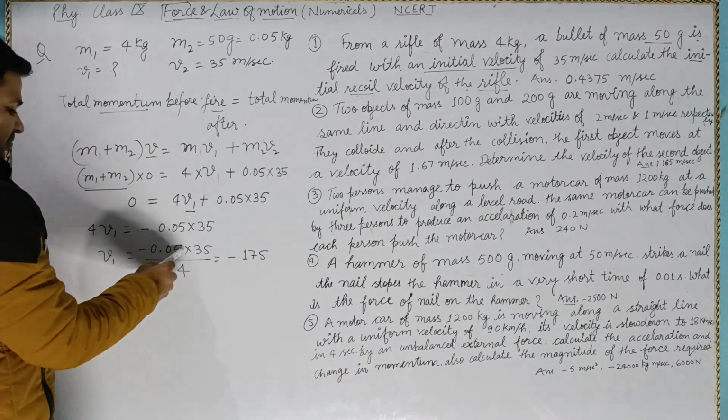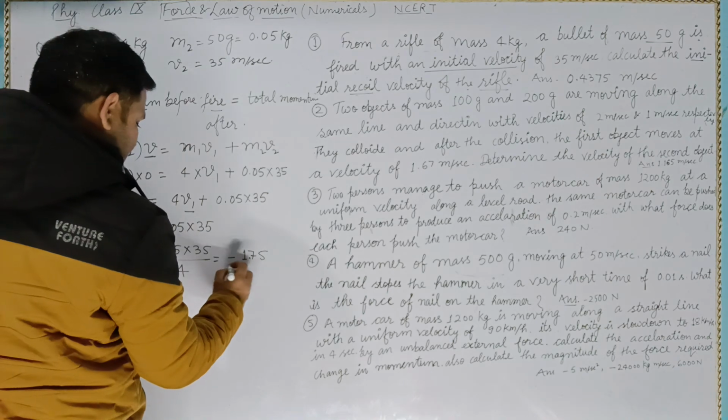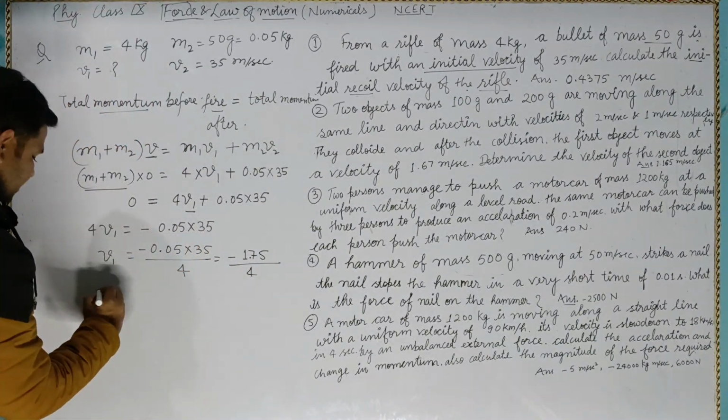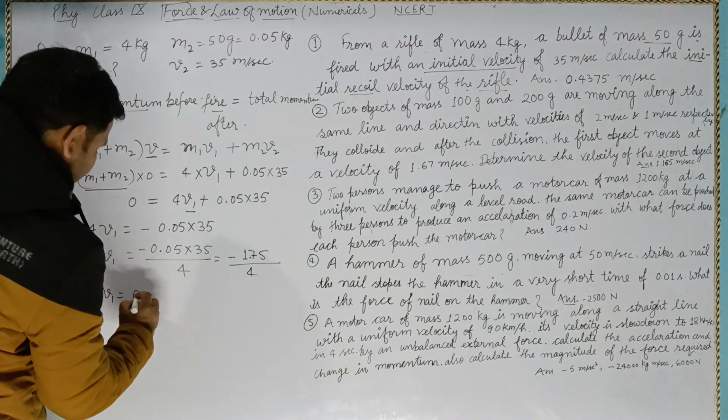We put the decimal two places, it will be 1.75 upon 4.